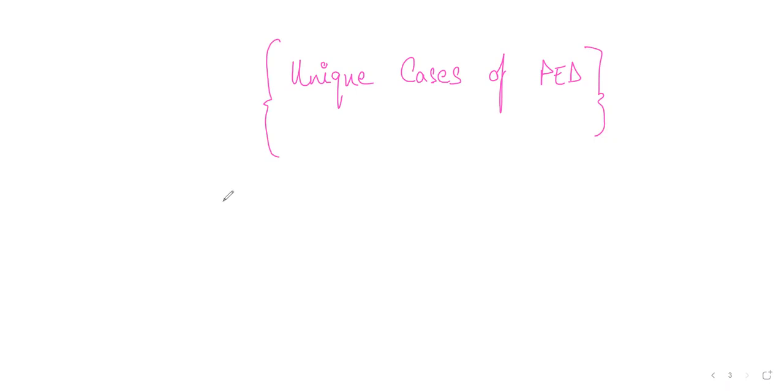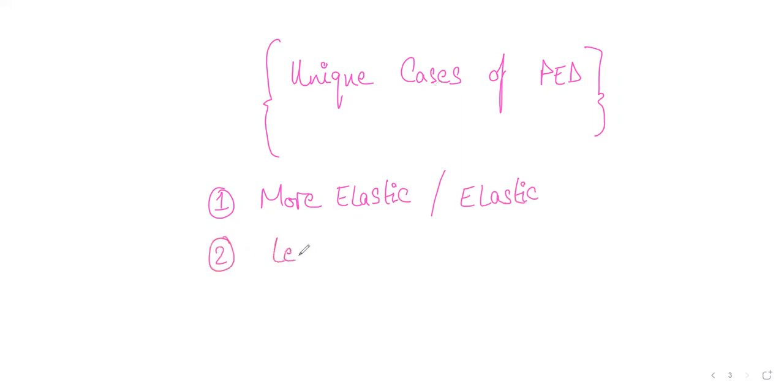So far we know only about two cases of price elasticity of demand: one is more elastic, or as we say, elastic, and one is less elastic, or inelastic. But there are some other cases as well that we are about to discuss today.